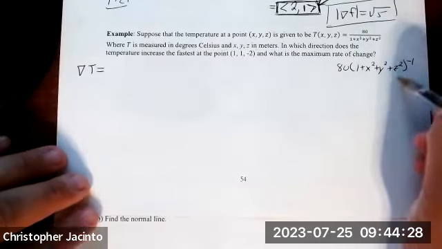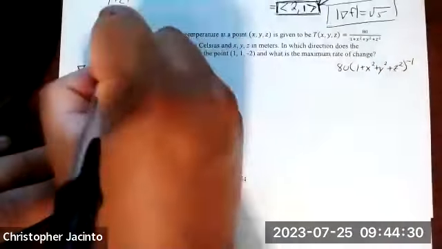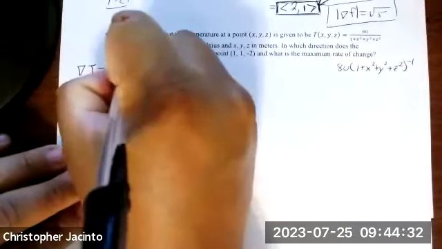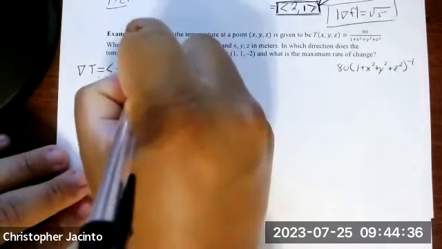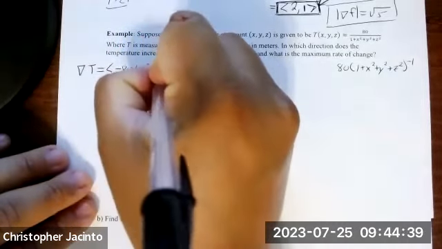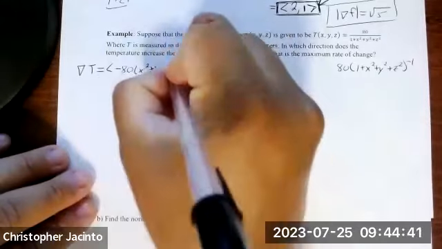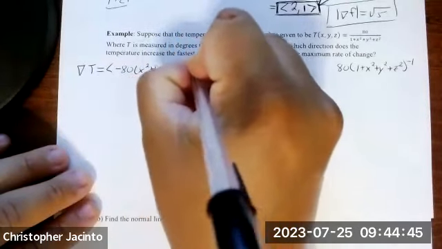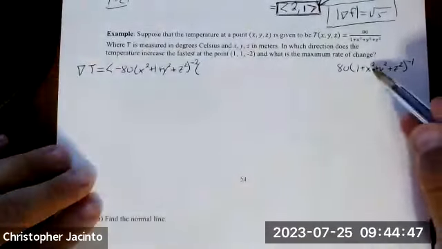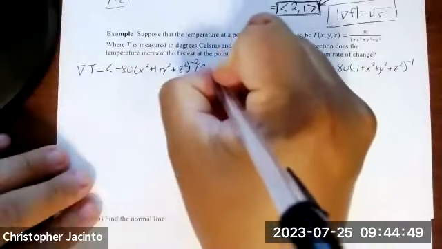So chain rule again. The derivative of the outside is just going to be with respect to x, and then the derivative of the inside will just be 2x.